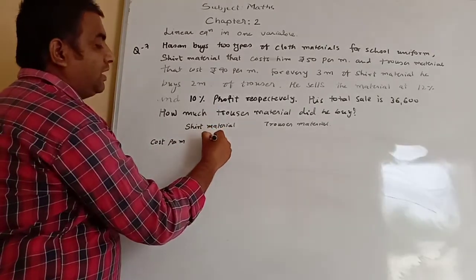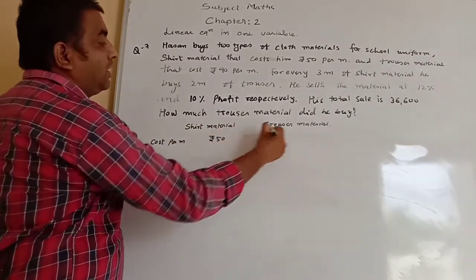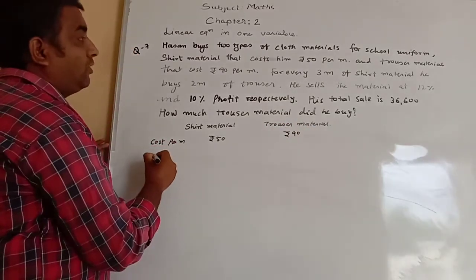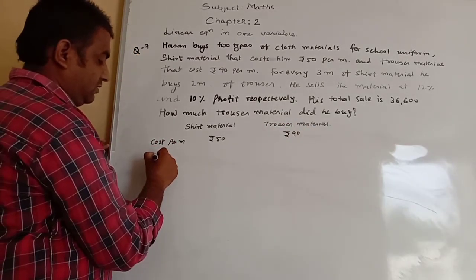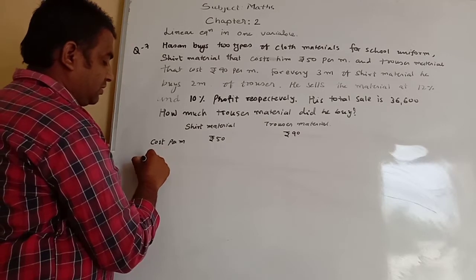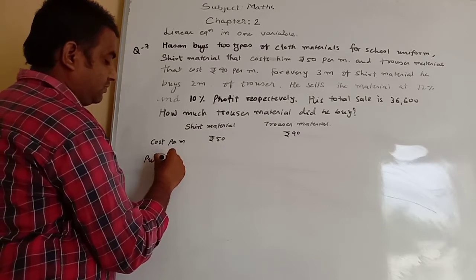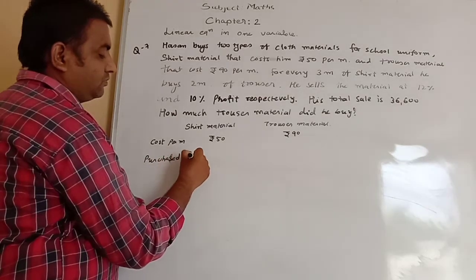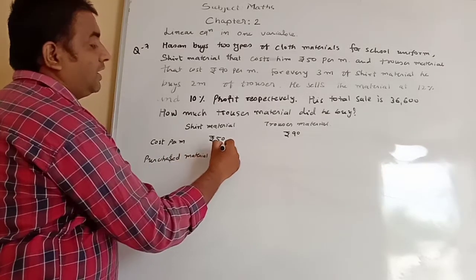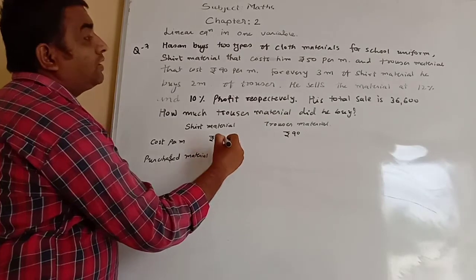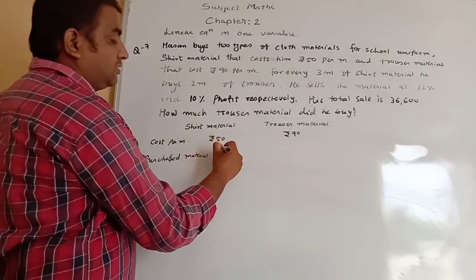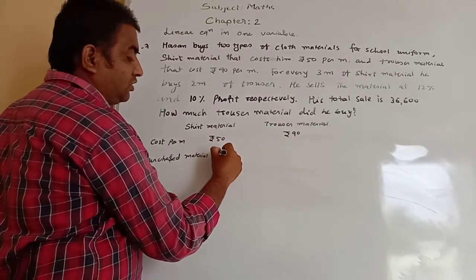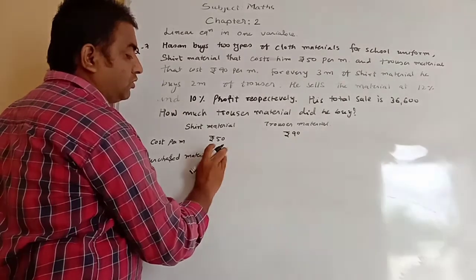For the shirt material it is rupees 50, and for the trouser it is rupees 90. Now the purchase is given, 3 meters of shirt and 2 meters of trouser, in the ratio 3:2.